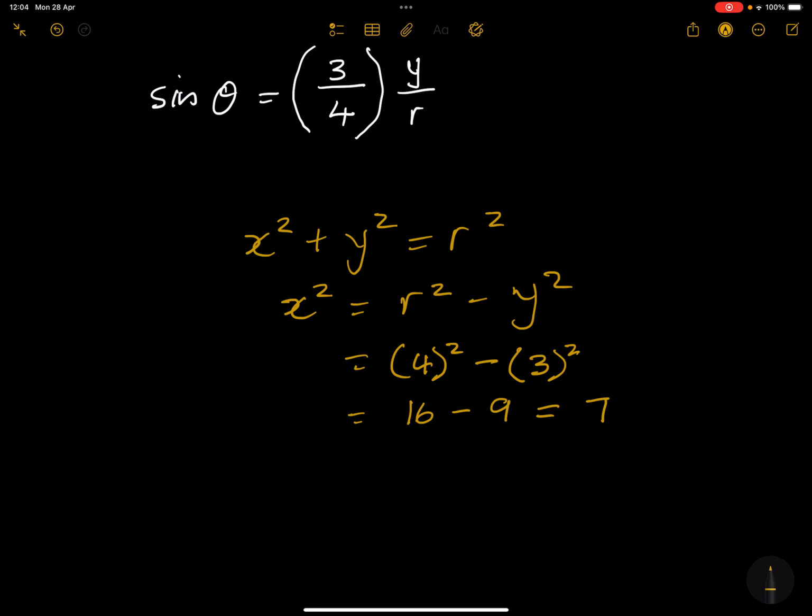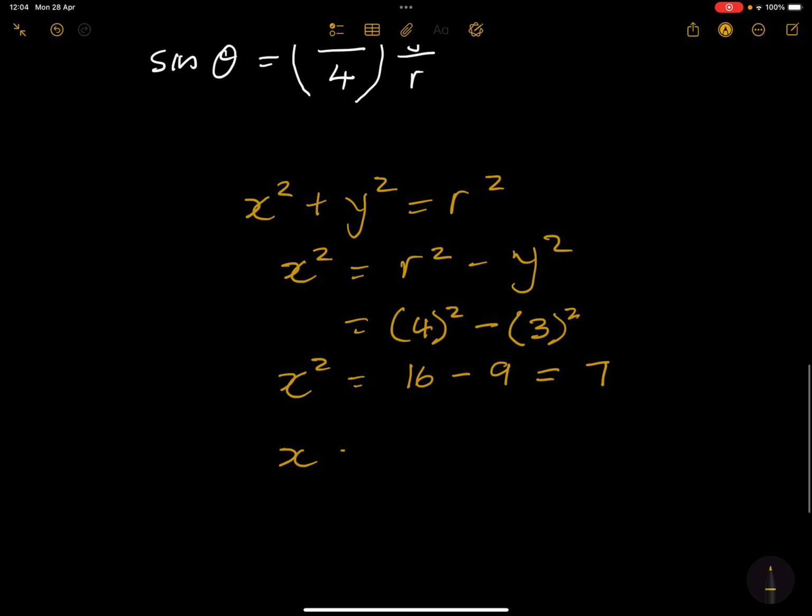Okay, but remember that we are looking at x squared, so which means that x, we need to now take the square root. That would be plus or minus. Remember, when I take the square root, I will always say plus or minus. However, I need to now look at where my triangle is on the Cartesian plane to make a decision whether I'm going to take the positive or the negative in terms of my solution.